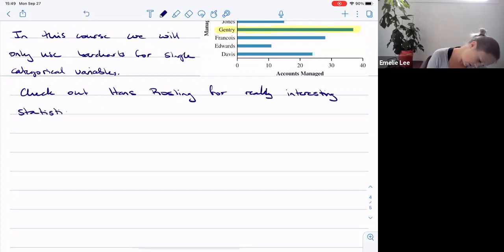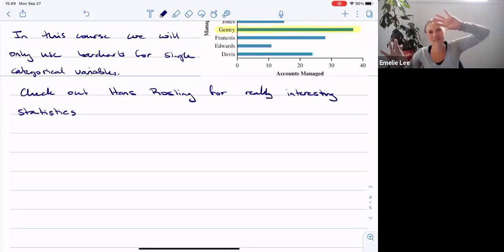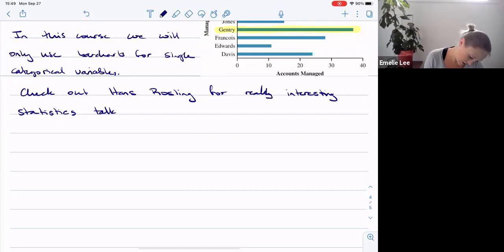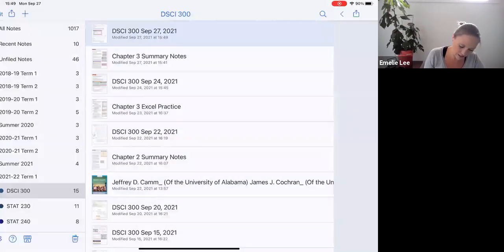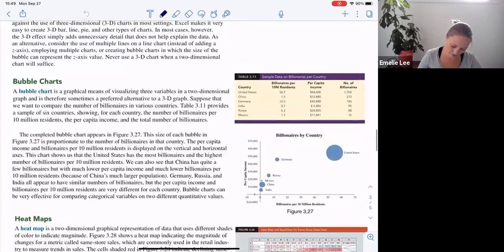I guess that's just a random plug, but the reason I thought of it is because he would use bubble charts really effectively. In fact, I think they were interactive bubble charts. He would follow the bubbles around and look at all different kinds of data. He used a lot of bubble charts.